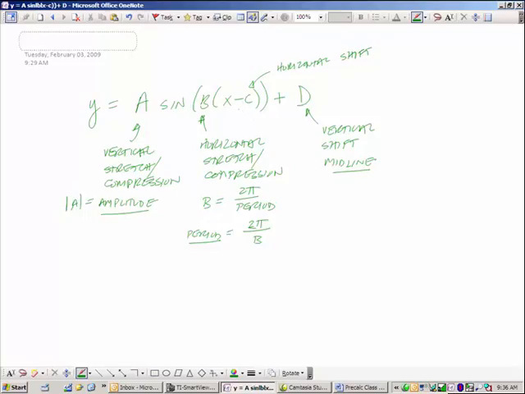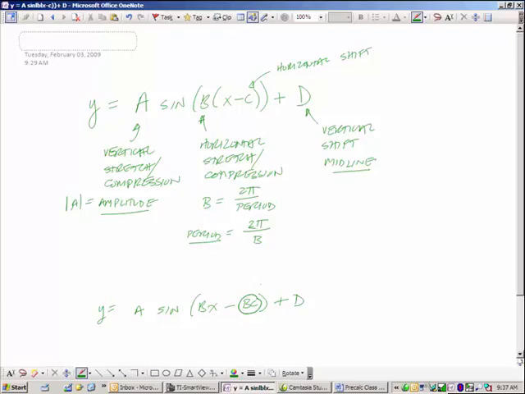Here's a little side note. If you ever have a function that's a times sine of bx minus, do you see how in this case I distributed the b to get some other value, which I'm calling bc right now?